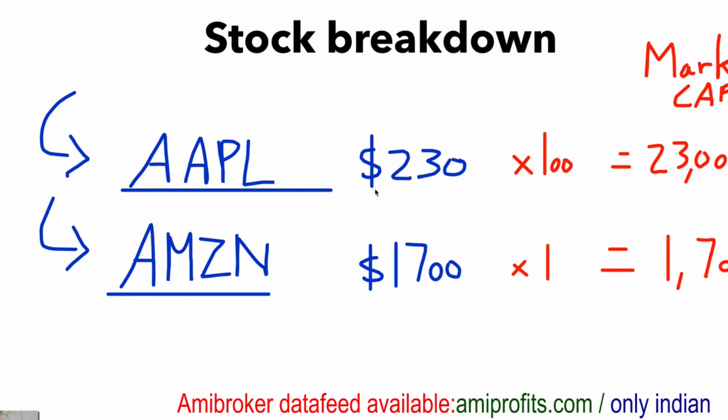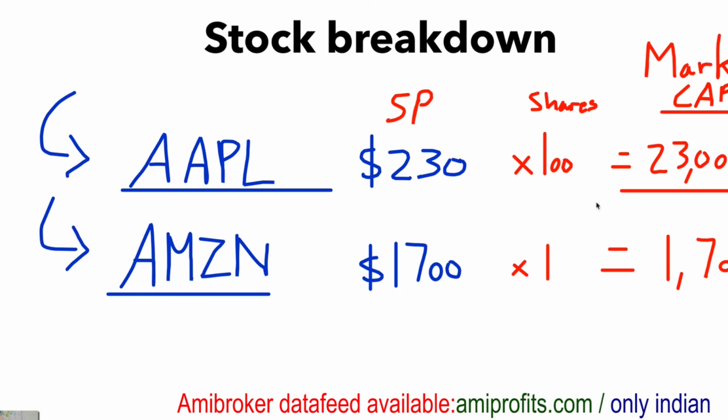So what we have to look at is A, the stock price. B, how many shares the company has. And C, we can see what the valuation of the company is. We don't have to do the math for this ourselves. Every program you use, or even if you go online, you will get the valuation of a company on its own.